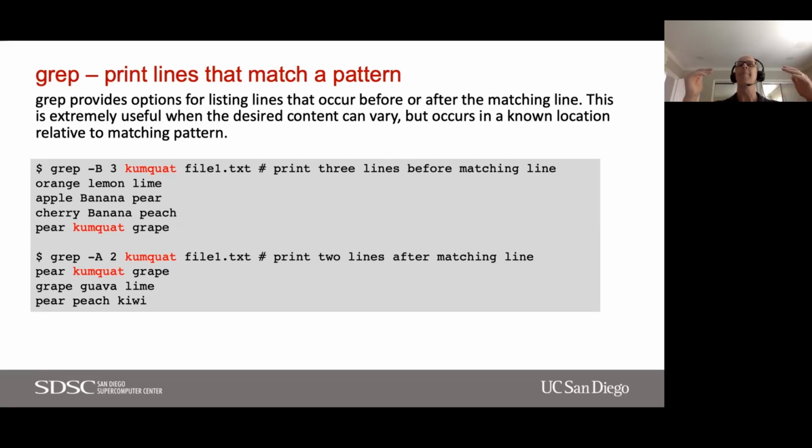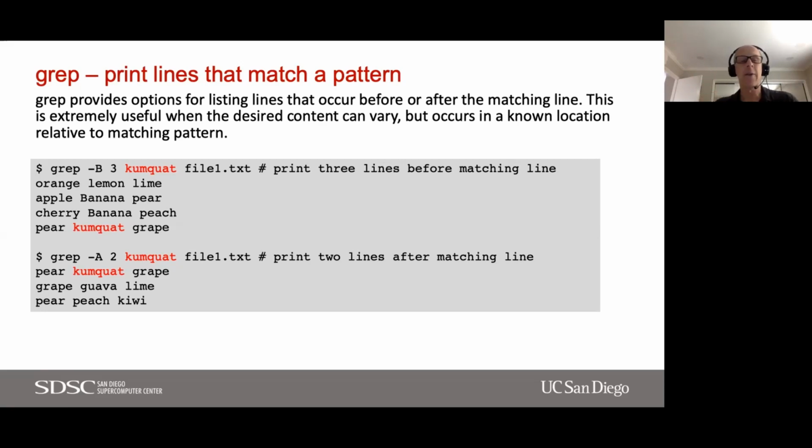So I might say, in my output file, there's a line that I know is always going to be there, program output, for example. And I know that the line that I want is, say, 3 lines after that. So by using these -A and -B options, I can zero in on those lines without actually knowing what the content is, just knowing that those lines occur at a known relative position to the lines that I'm searching on.